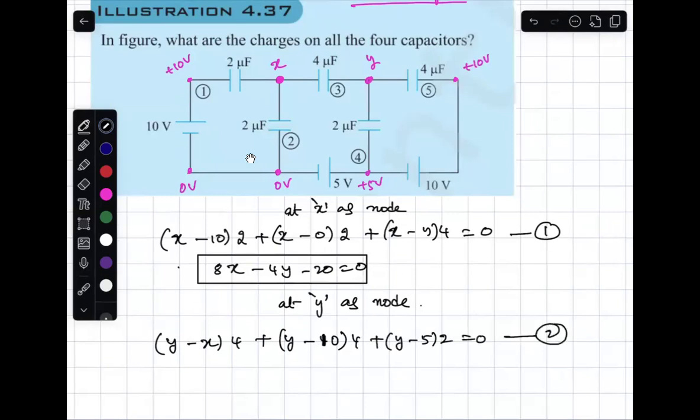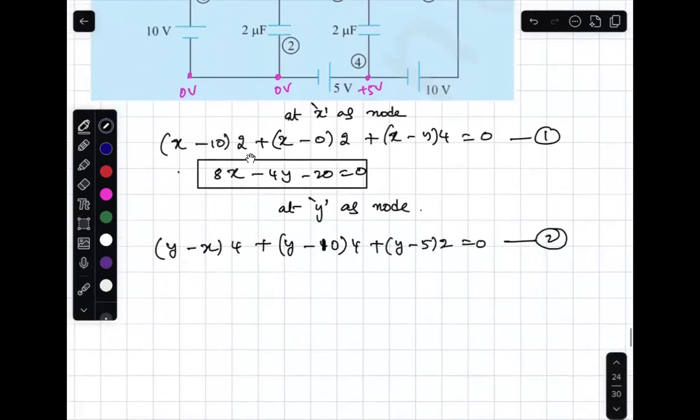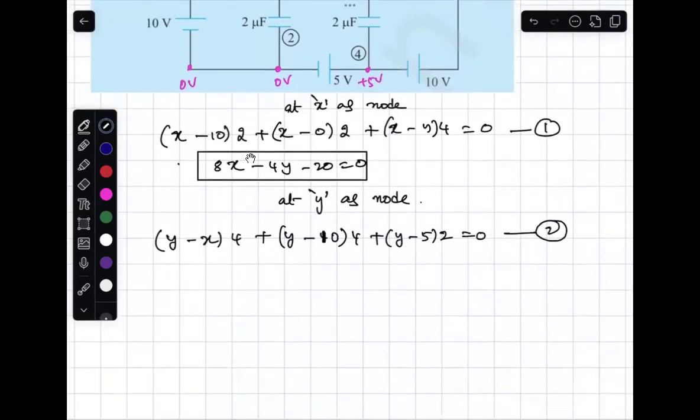Equation 2. Now tell me, complete this. 4y, 4y, 2y, 10y, minus 4x, minus 40, minus 10 is equal to 0. Right.